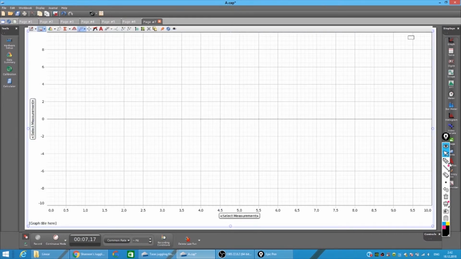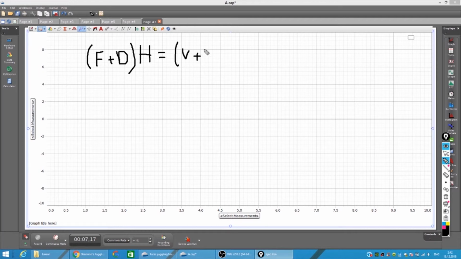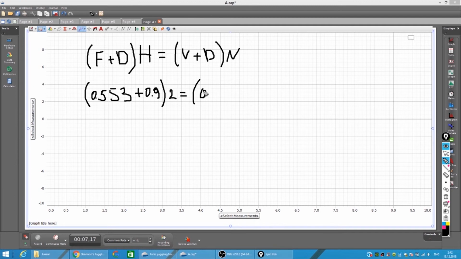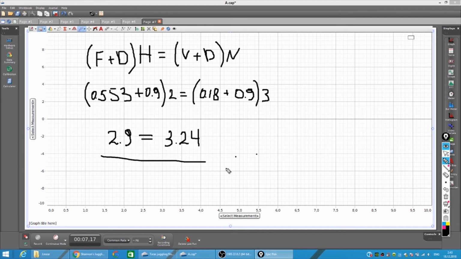And finally, the Shannon equation, where F is the time that ball spends in the air, D is the time that the ball spends in the hand, V is the time that hand is empty without the ball, N is the number of balls, and H is the number of hands. The closer the number I get, the better the juggler I am.